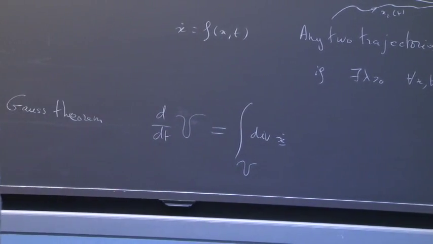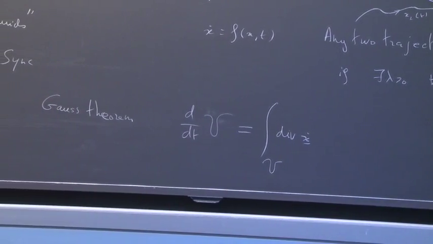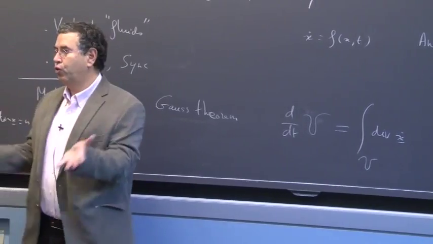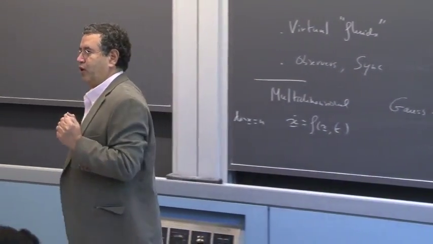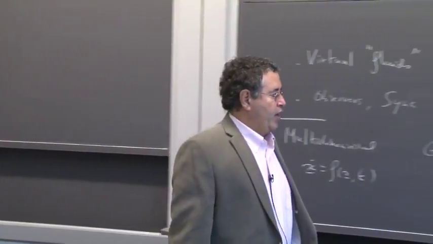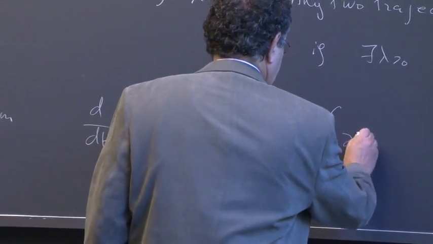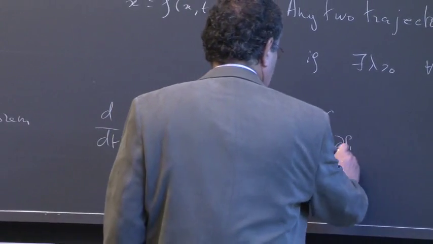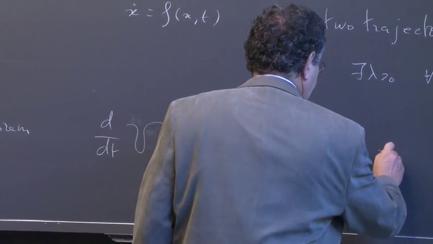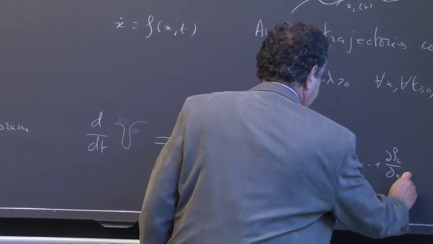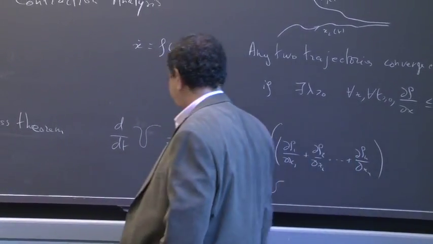Remember, this has to do with the fact that this integral, the divergence itself, is equal to the flow through the boundaries of the volume. Since this is the flow of x dot, it means the change in volume. And this divergence of x dot, of course, is df1 over dx1 plus df2 over dx2, and so on, plus dfn over dxn, over that same volume.